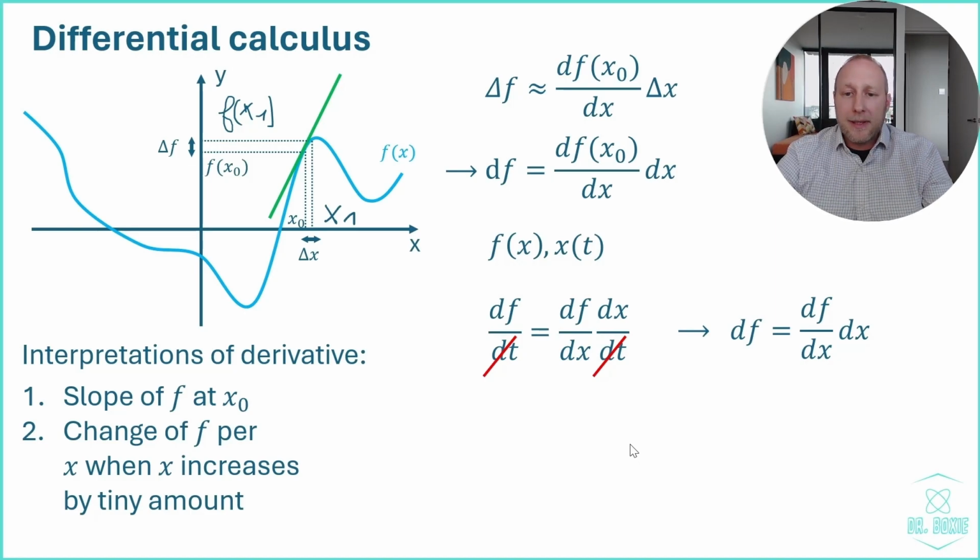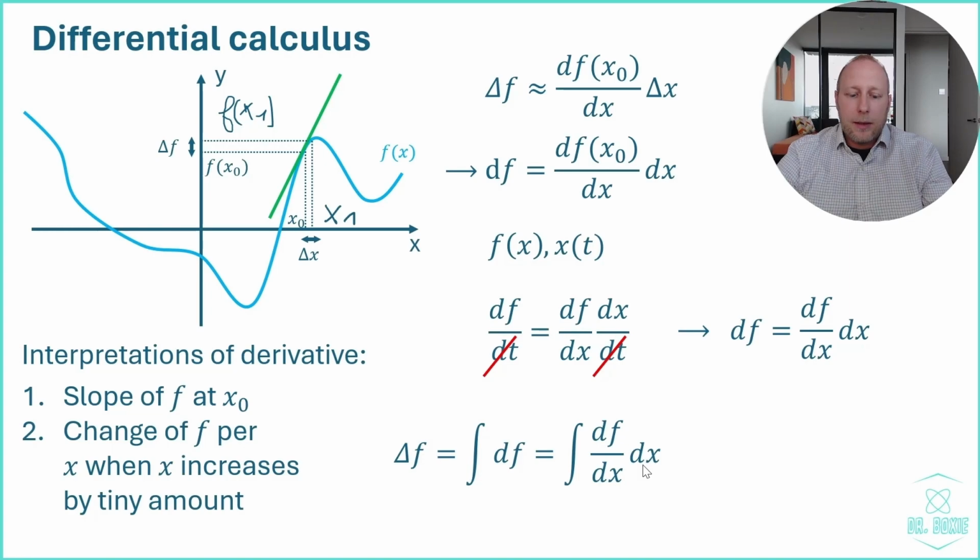There's also an alternative way of interpreting that same equality, but using integrals instead of derivatives. We can take this expression, so we take the integral of df, we think of f as being the variable in this case. Well, if we integrate df, we get delta f.